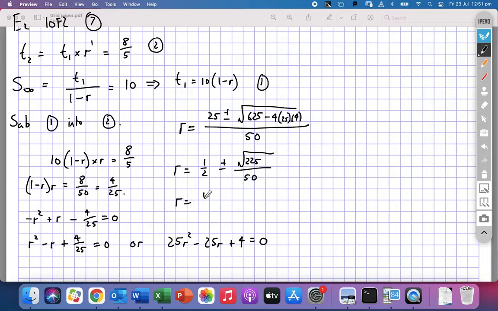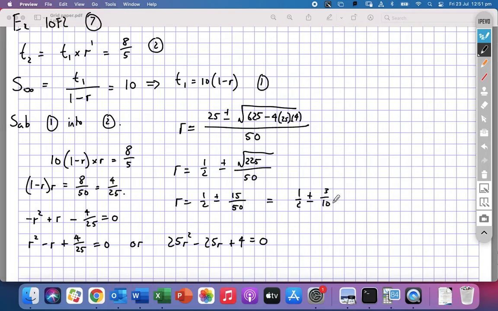So you've got R equals a half plus or minus 15 on 50. That's a half plus or minus 3/10. These both divide by 5, right?